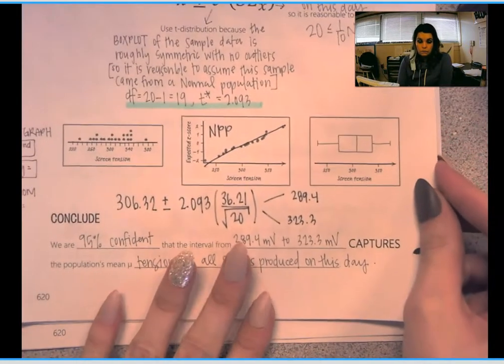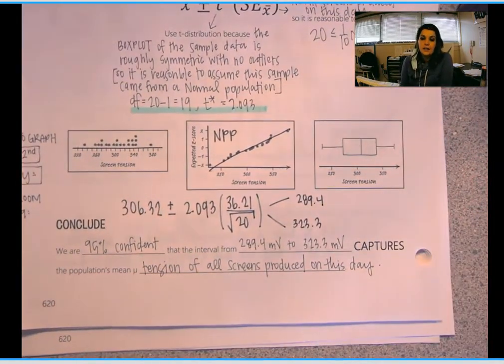So I have a confidence interval of 289.4 millivolts to 323.3 millivolts. So hopefully what you have is exactly the same as what I have. Like exactly the same.